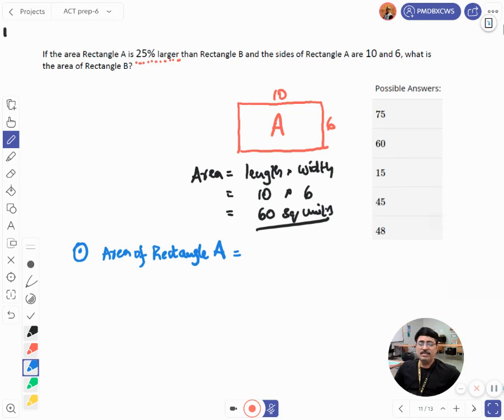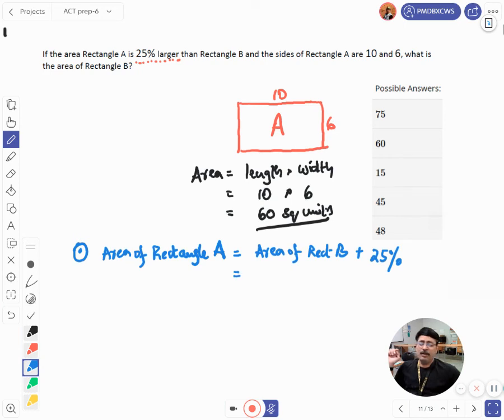So this is 25% larger. Can you say that area of rectangle B plus 25%, because area of A is 25% larger than B?